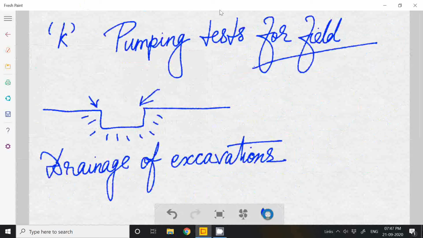When water is going through the drains, it will seep into the underlying soil, and it will seep only because of the permeability. For knowing in more detail about the seeping of water into the underlying soil through the excavations, we need to know the value of permeability.